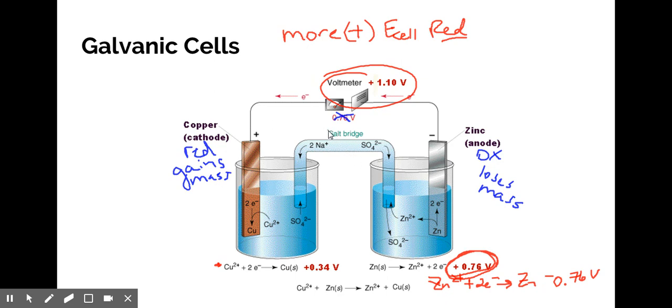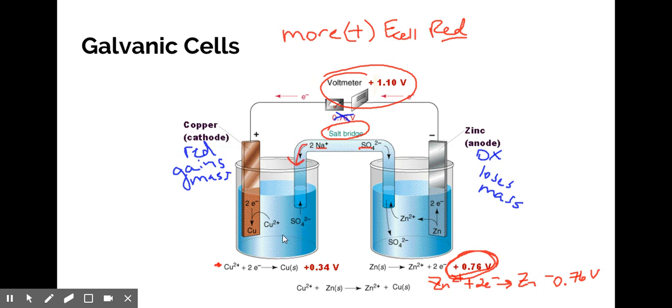One last thing is dealing with our salt bridge, okay? You have cations, which are your positive charge things, and anions, which are your negative charge things. Your cations always travel to your cathode. So cations go to your cathode.